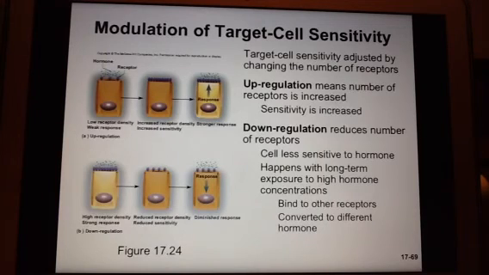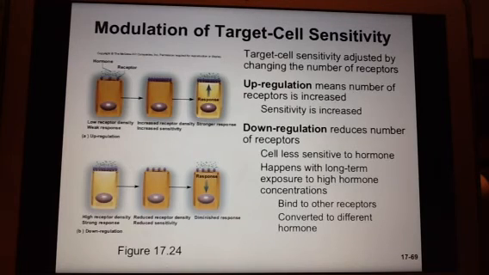Target cells can be adjusted by changing the number of receptors. So how sensitive they are to the hormone can change based on their number of receptors. And so if a cell increases the number of receptors, it's called upregulation. And then the opposite would be downregulation, if they reduce the number of receptors.